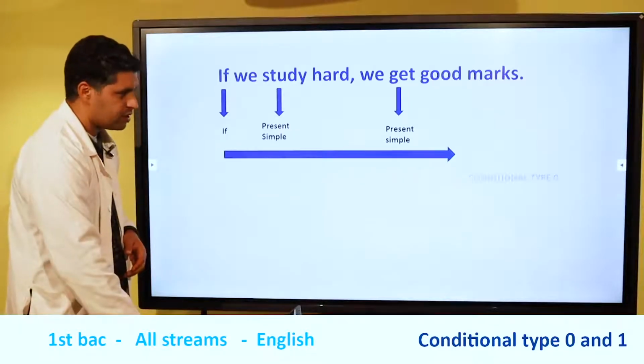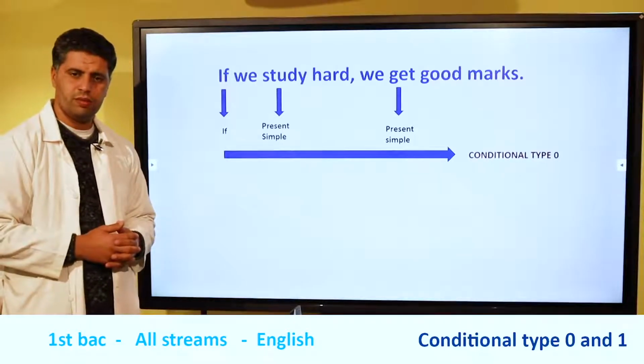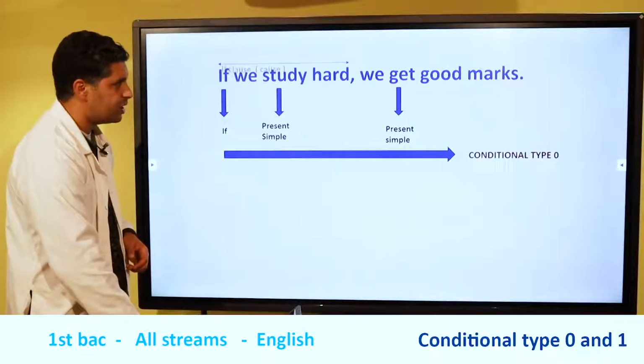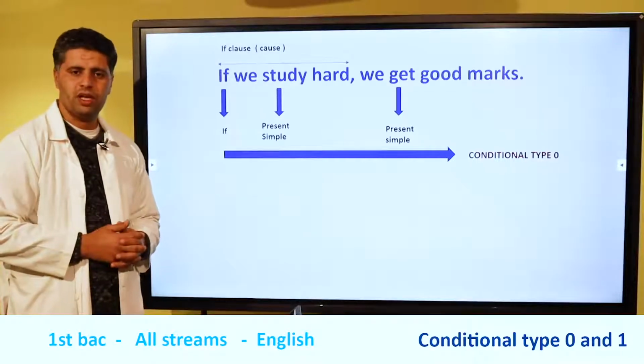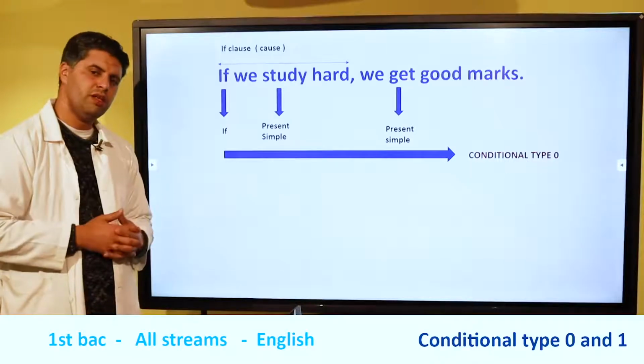Great. So this one is the conditional type 0, which consists of two parts. We have the first part, which is the if clause, and it concerns the cause, the reason.